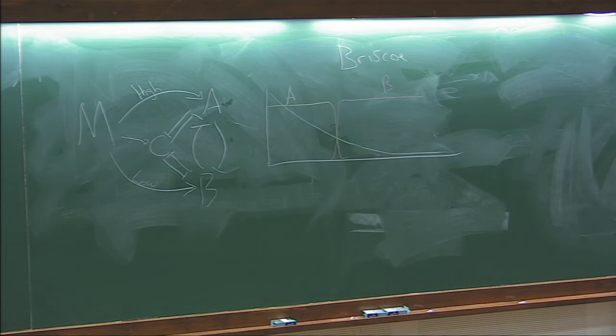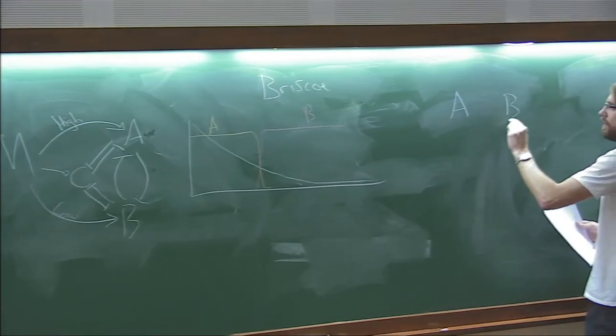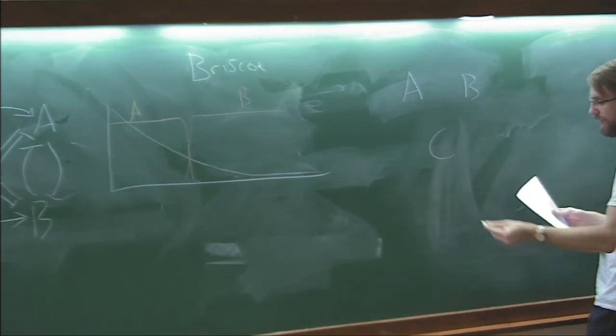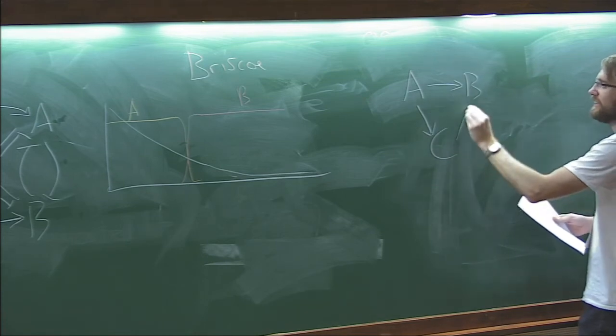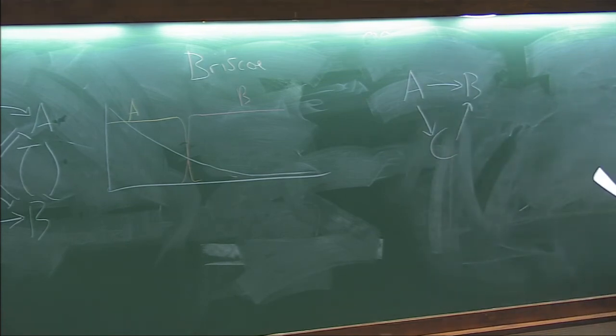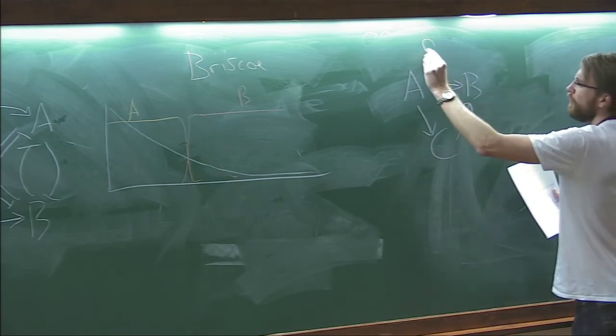Okay, but let's now get on to something. So far, really, I've just been talking about simple motifs, positive feedback. But we could imagine a three-component system. So you can have feed forward, say, so A promotes B and promotes C, and C promotes B. So this is feed forward.